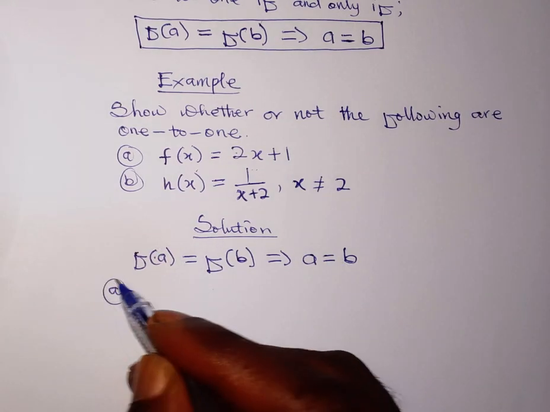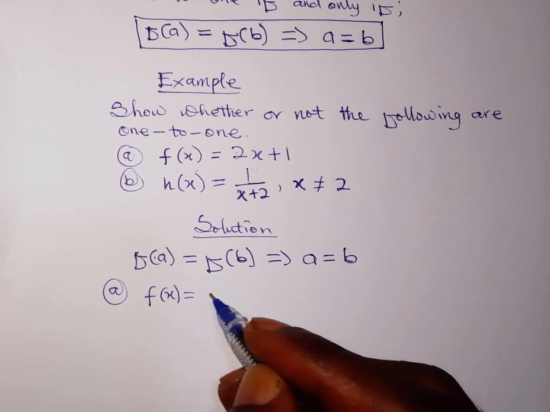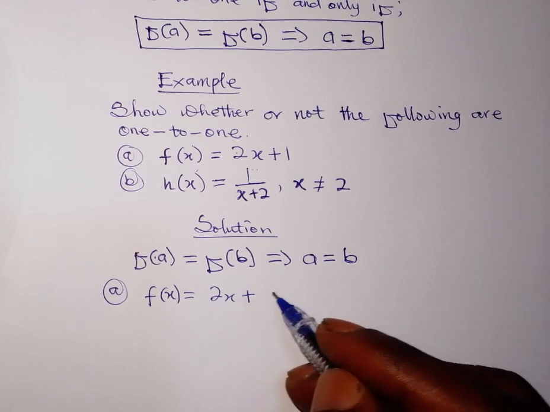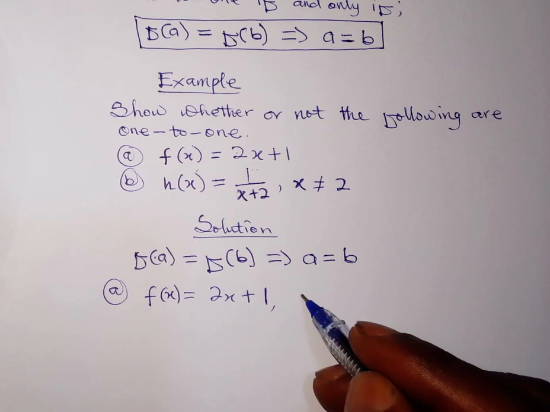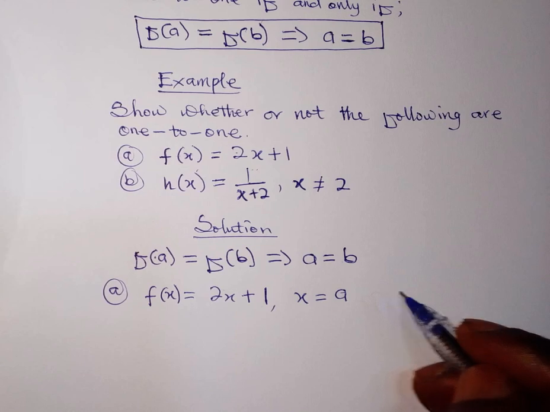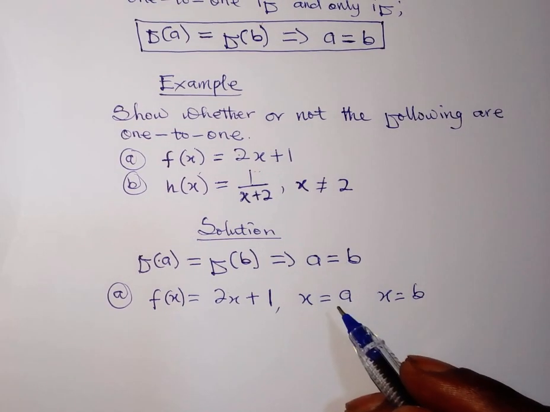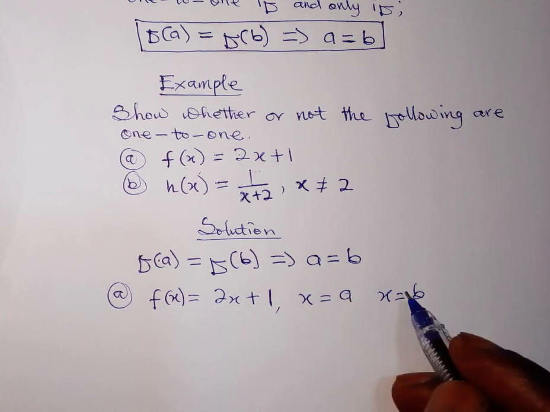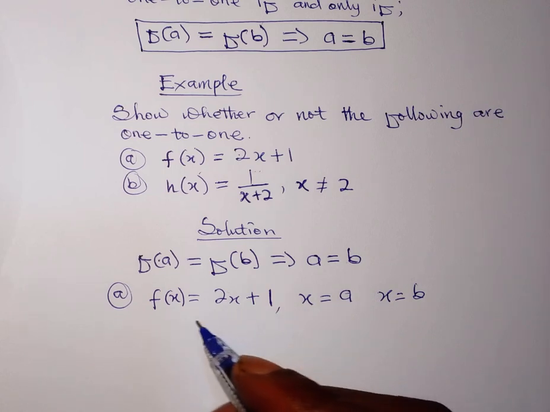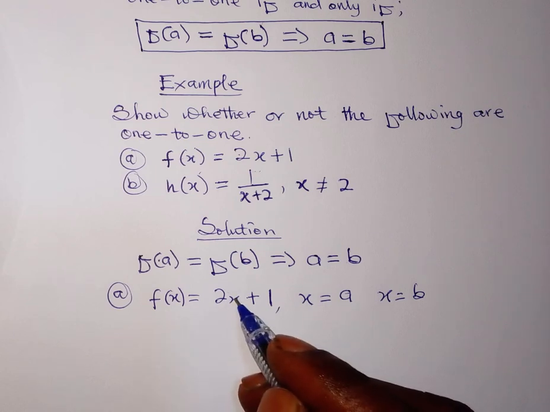Let's look at a, which is given as f(x) = 2x + 1. That means my x should be equal to a, and then my x should be equal to b, and solve. So we are going to put these values and equate them to each other. Here I will substitute a: wherever I see x, I will put a there.